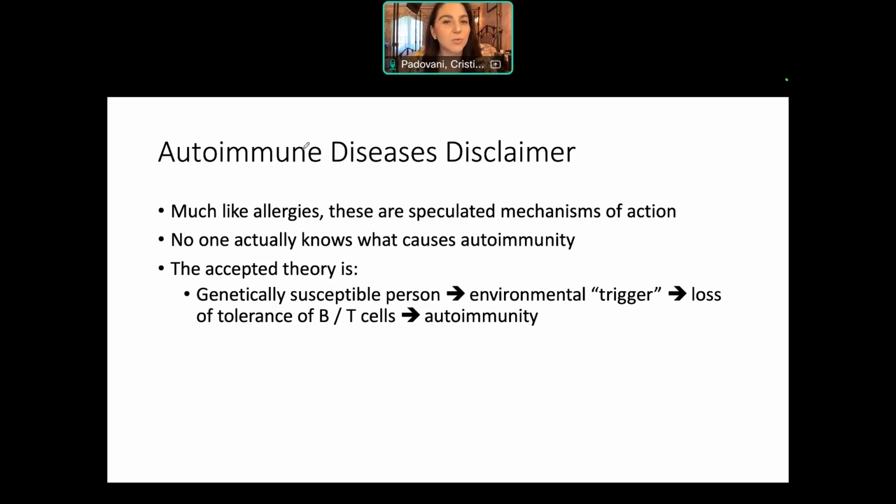There's really no known cause of autoimmunity, but the generally accepted theory is that we have a genetically susceptible person and then some sort of environmental trigger. This could be a viral infection. This could be a toxin in the environment. Something environmentally triggers this genetically susceptible person to lose tolerance of B and T cells, which we covered in those lectures. And this is how you get autoimmunity.